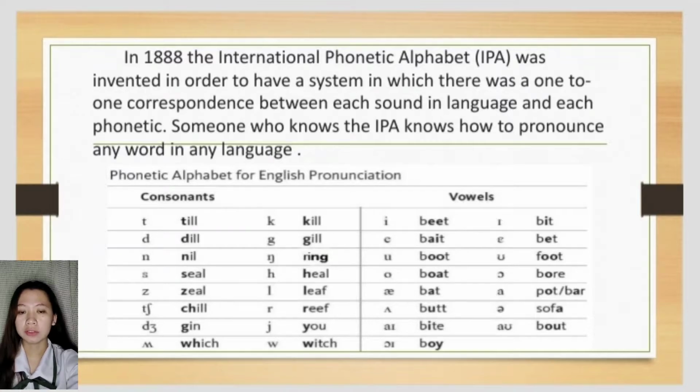So for the consonants, for example, the sounds of T for till, D for deal, N for kneel, S for steel, and Z for zeal. While in the vowels, we have the sounds of I for bit, E for bait, U for boot, and O for boat, and so on and so forth.